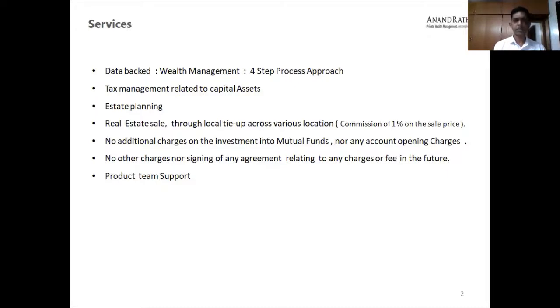Second, as the market is quite dynamic, today we follow a relative PE model to come to a particular allocation. Tomorrow, if this relative PE model changes, then we would change the allocation. We'll go back to each and every client and change their allocation, which would be a shift between large cap and mid cap.